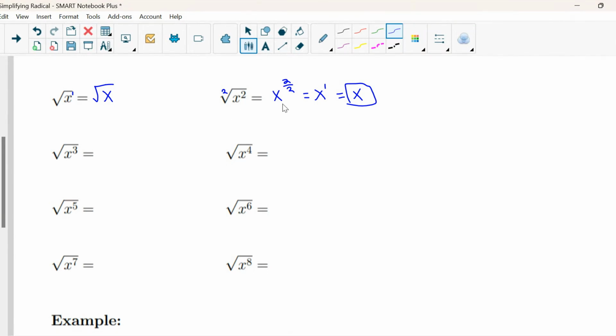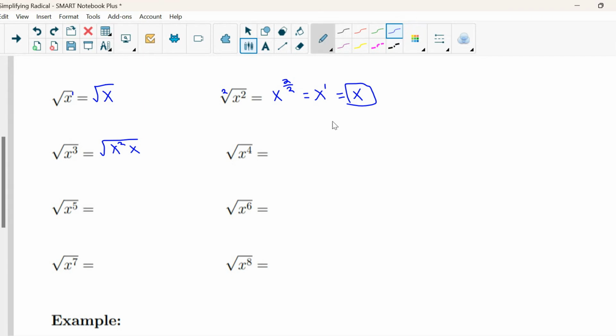I could divide this by my index only because it is divisible by 2. In a case like this one, x to the third power, 3 is not divisible by 2. So I'm going to split up my x to the third power so I have a part that's divisible by 2. I'm going to split it into the square root of x squared times x. We know that if we multiplied x squared and x, we would get x to the third power, so I'm just splitting this up.